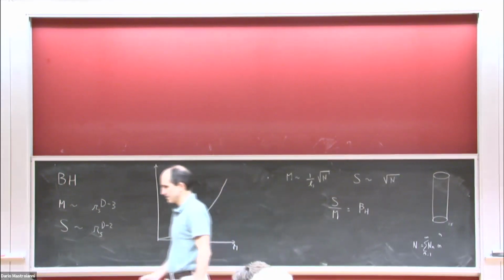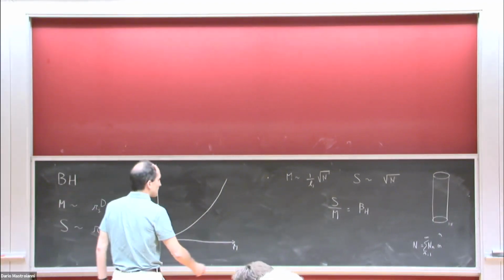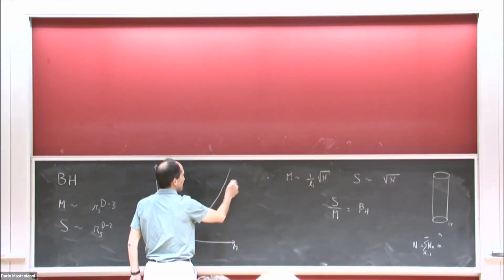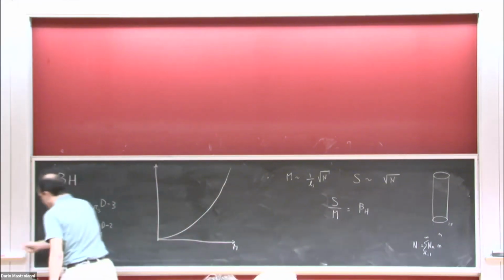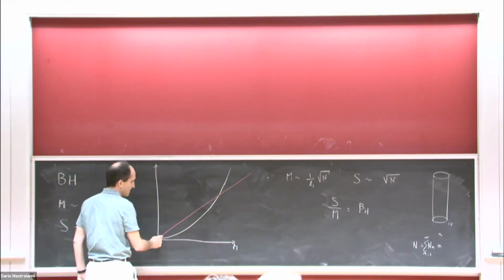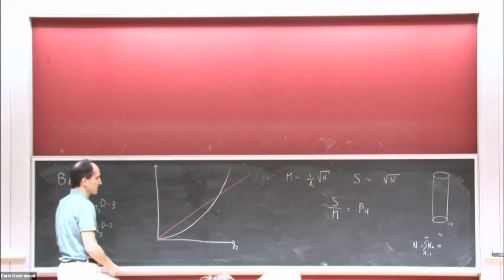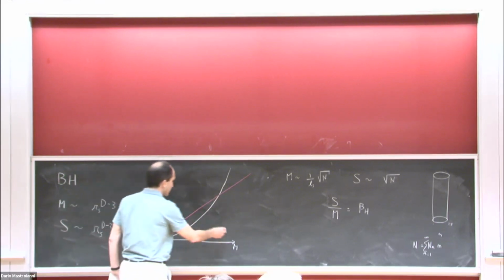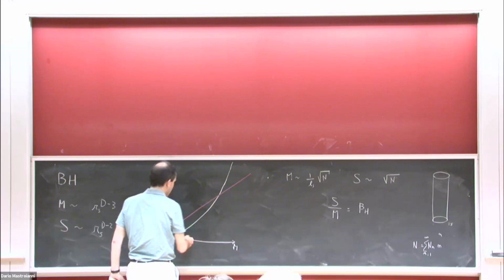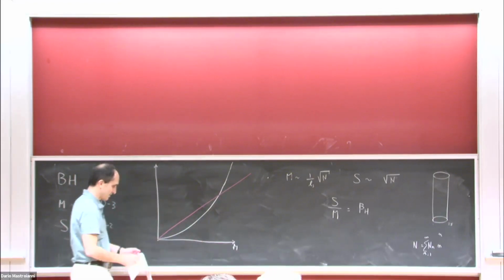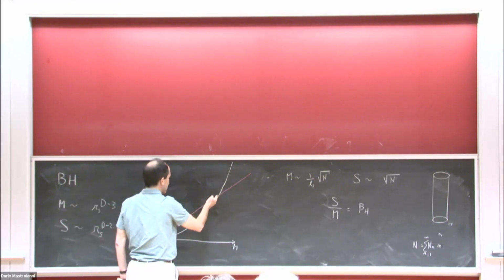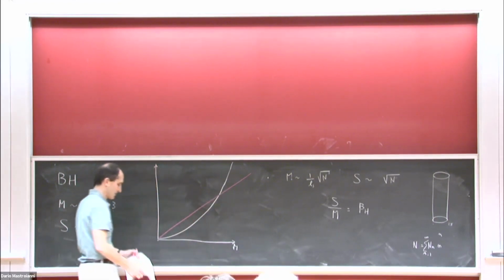Now, this implies that the entropy of the string has a linear entropy, and at some point will cross the entropy of the black hole. So for a given mass, the black hole is more entropic for small mass, and for very large mass the string is more entropic than the black hole. So you might think that if we follow the most entropic configuration, at some point the black hole will turn into a string.